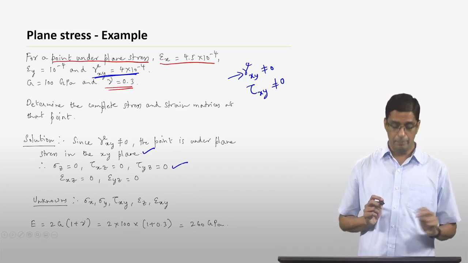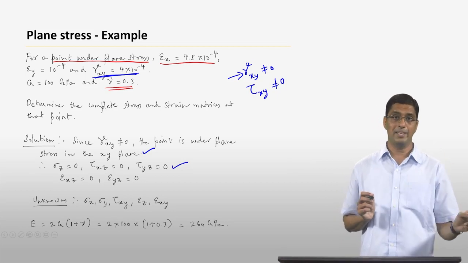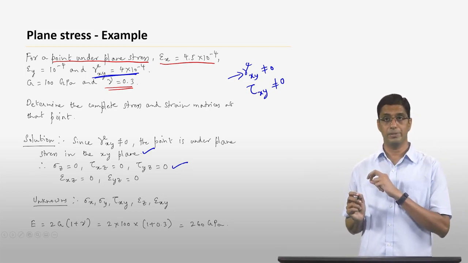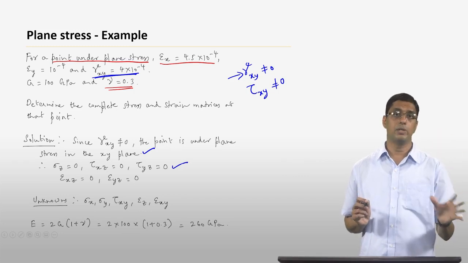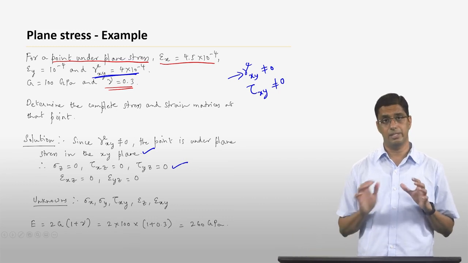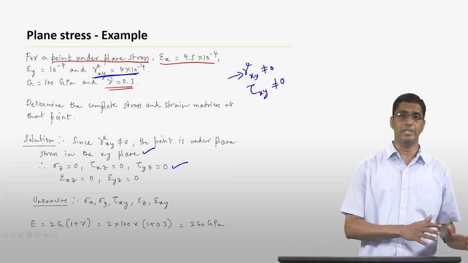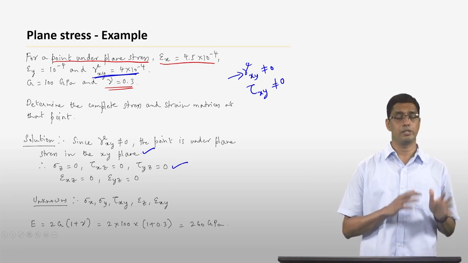In addition, because tau xz and tau yz are 0, epsilon xz and epsilon yz are equal to 0. If you remember Hooke's law, the shear strains only depend on the shear stresses. So if the shear stress is 0, the shear strain should also be 0. If tau xz is 0, epsilon xz should also be equal to 0.